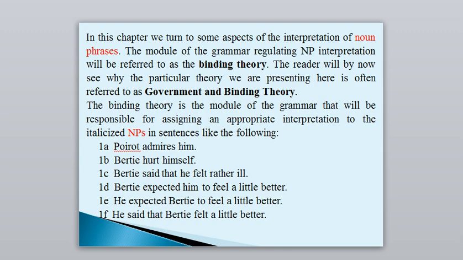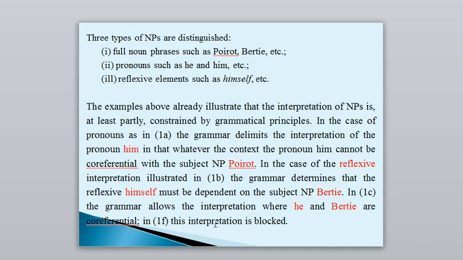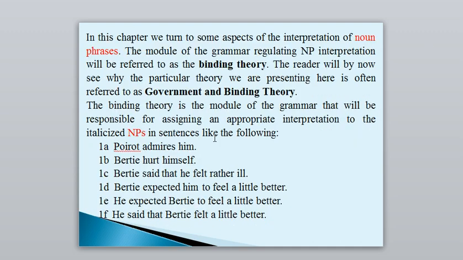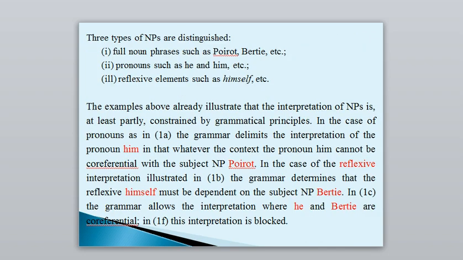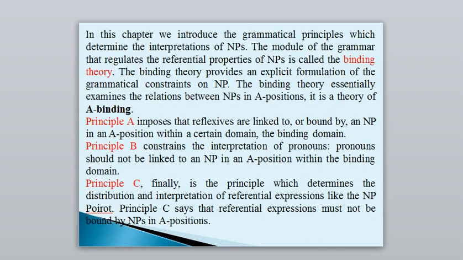And again, in 1f, this interpretation is blocked. It means that in the sentence 1f, he said that Bertie felt a little better, this he cannot refer back to Bertie. So each sentence has its special interpretation, and each pronoun in each sentence can have its special interpretation depending on the sentence.